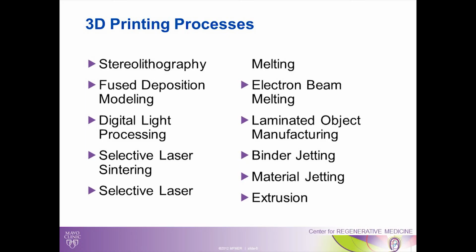What we're really looking at is the 3D printing process. We discussed this a little bit also. In 3D printing, there are many different ways that you can print whatever structure you want. But when you're looking at 3D bioprinting, the process has to be biocompatible, so the cells can survive the process, which takes away a lot of the traditional options.